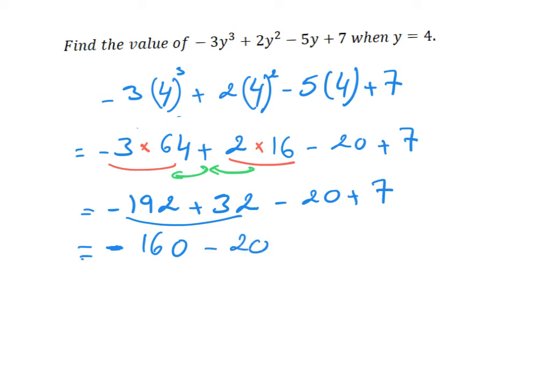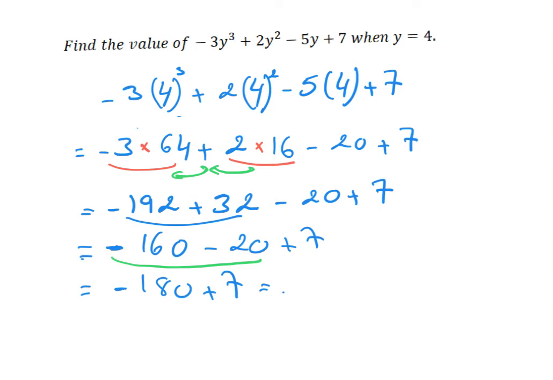And we have negative 20 plus 7. Now negative 160 minus 20, we're going to add the two values and keep the sign. It's negative 180 plus 7. Since we add a positive to a negative value, we take the difference and keep the sign of the highest number.